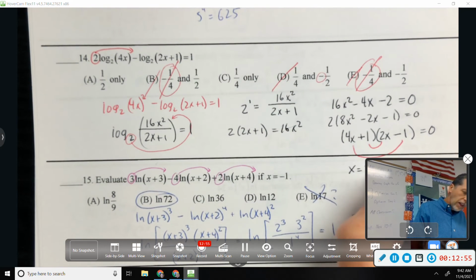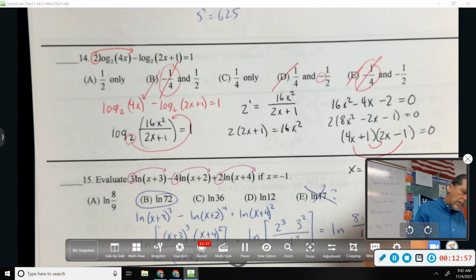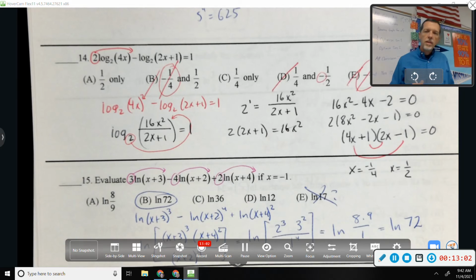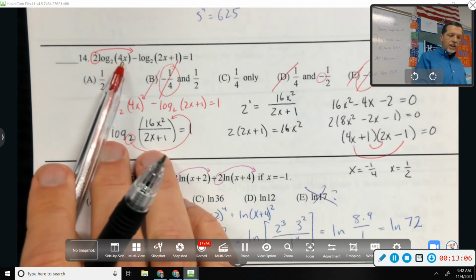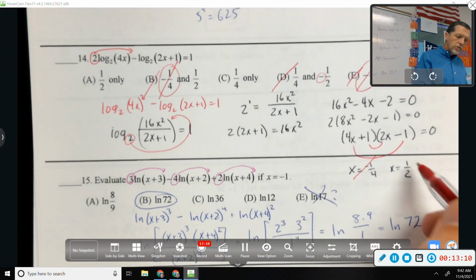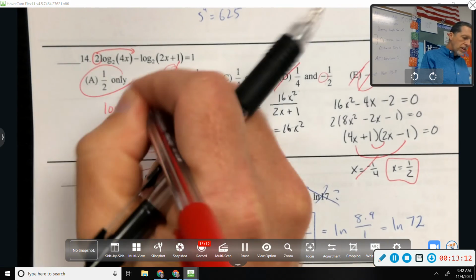So x equals negative 1/4 and x equals positive 1/2. We already said the negative one won't work because I can't take the log of a negative number. So it would just be the 1/2. So A.